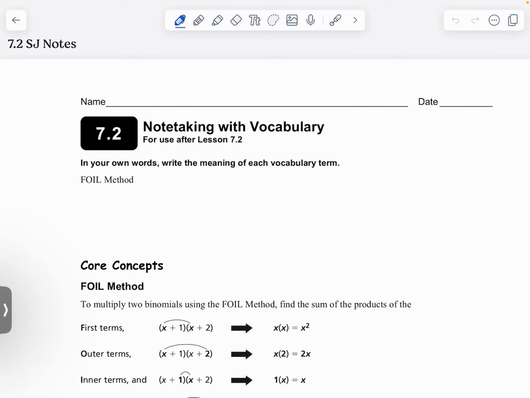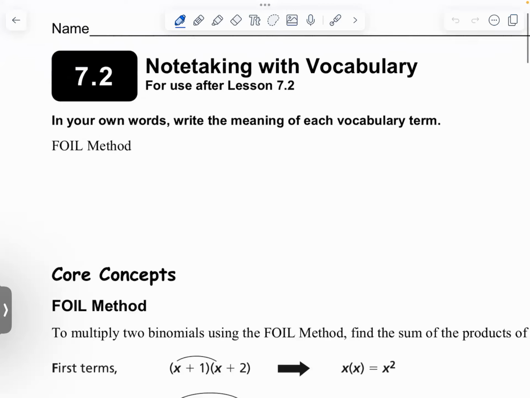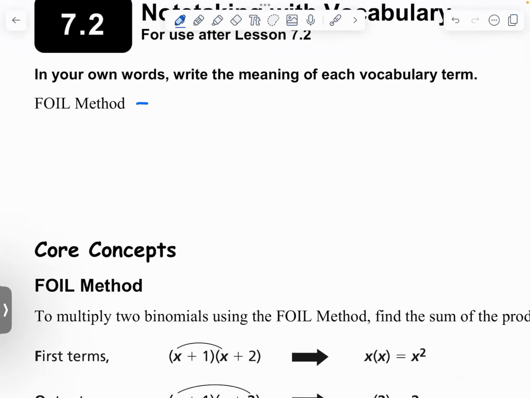Okay, so the FOIL method is what we use when we multiply two binomials.